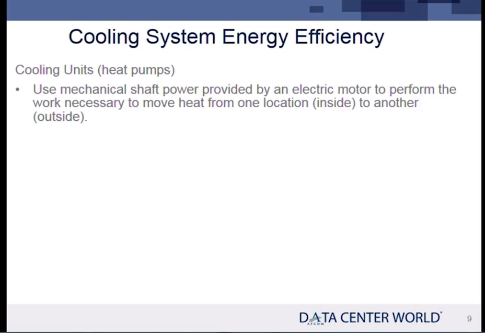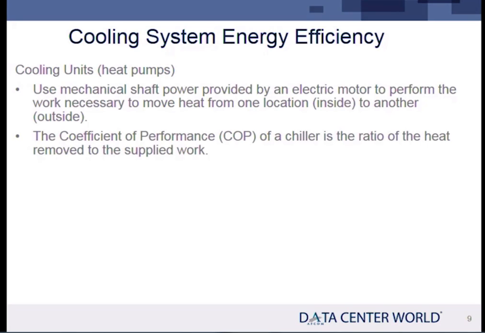It's the power required to pump the heat back out. And it's usually done through shaft power. It's done through a mechanical pump. It's done through a compressor. That's generally how it's done. Whether it's a DX unit or it's a chiller, it's mechanical. It spins a shaft power, that drives a compressor. The coefficient of performance is how efficient that chiller is.